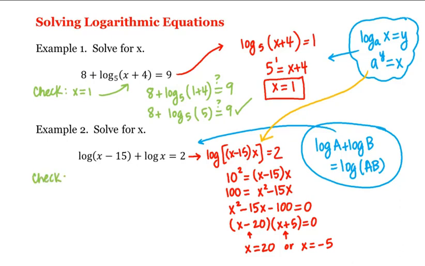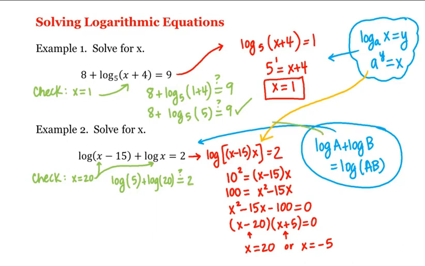So let's start with x equal to 20. We'll plug it in here and here. So the question is log of 20 minus 15, which is 5, plus the log of 20 equal to 2.